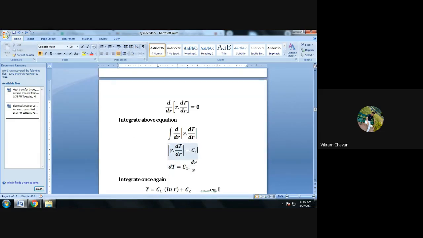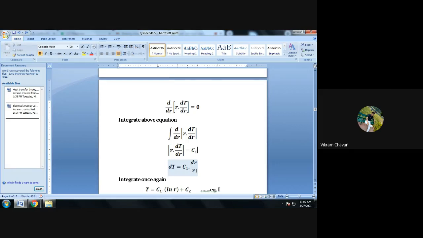Further, we have separated out these terms. The r term we have separated out on one side, and the dt term we have kept on the left side only, so it will be easy for the further integration. So we will get the equation as dt is equal to c1 multiplied by dr divided by r.